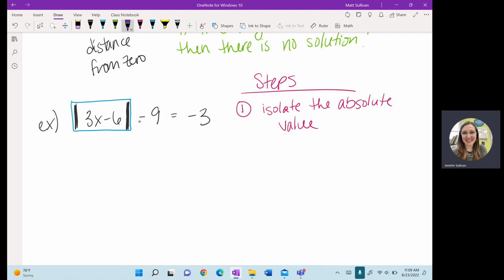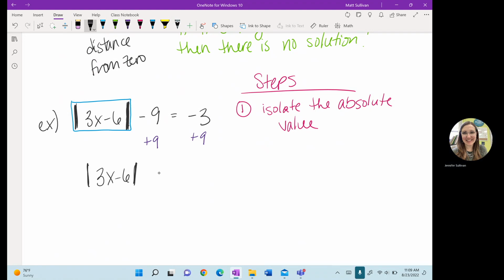So here I need to undo this -9. How do I undo -9? Add 9. So now I have the absolute value of 3x minus 6 is equal to 6. Now I have a positive number.